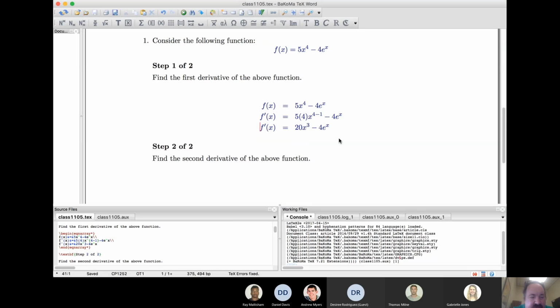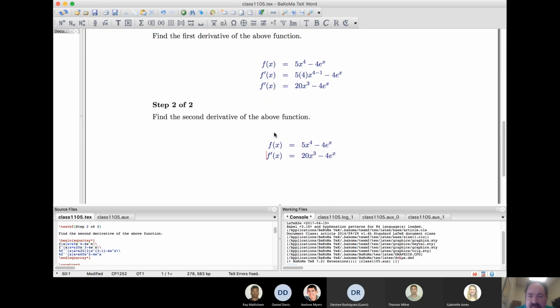And then for the second step, we're just going to go through it again. We're going to take the derivative of this to get the second derivative of the original. So if I go ahead and repeat, all right, here's what we have so far: original function, first derivative.